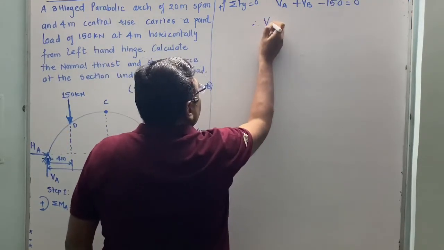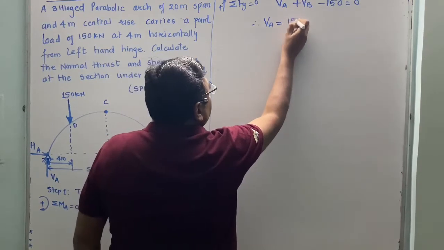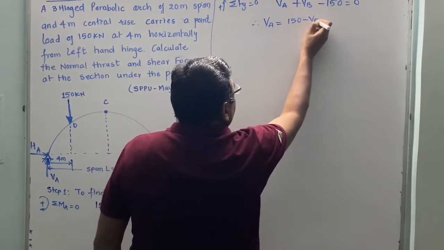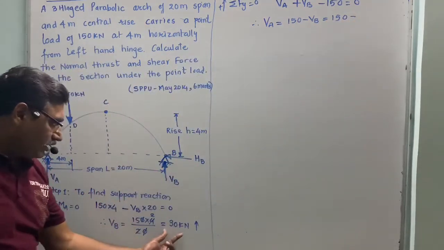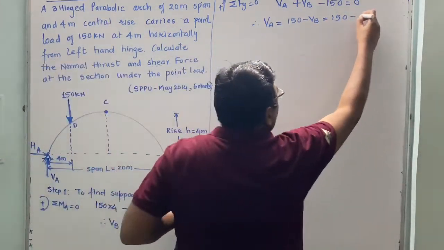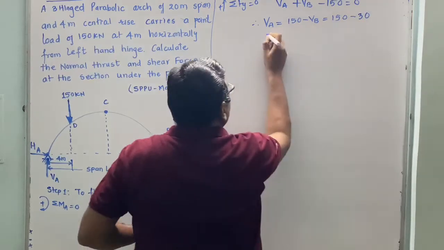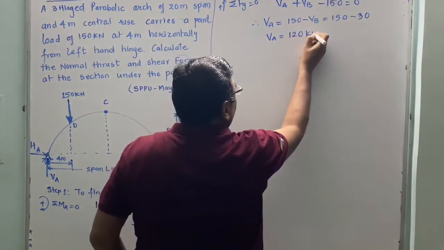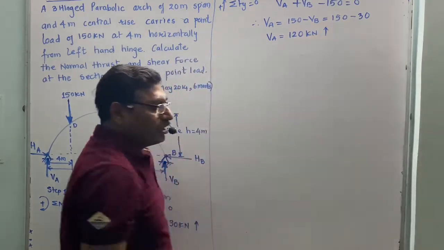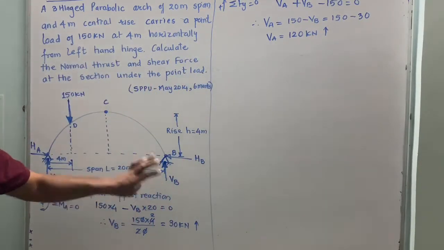Hence I am getting VA is equal to 150 minus VB, which is equal to 150 minus 30, hence VA is equal to 120 kilonewton upward. So like this we got support reactions VA and VB.